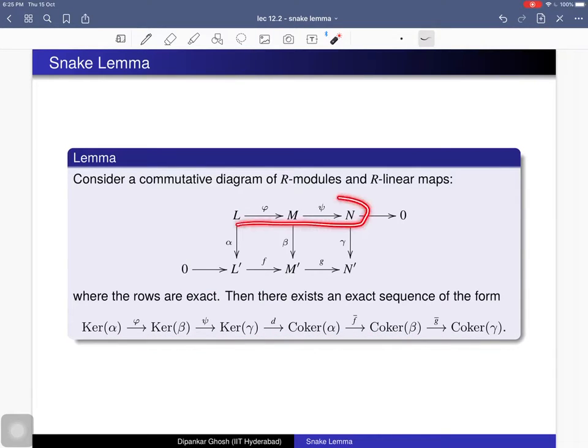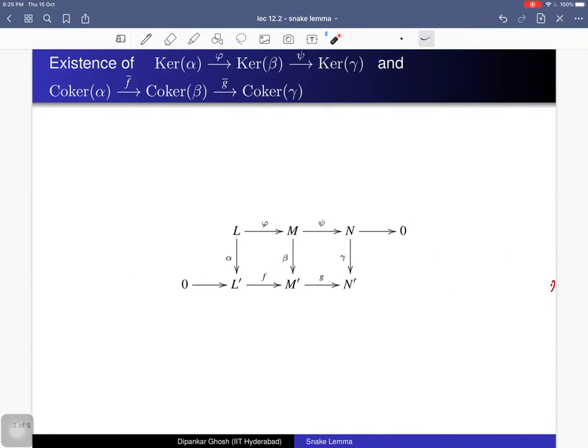This part induces this part of the exact sequence, and this part induces this part of the exact sequence, and we will have a connecting homomorphism like this from kernel gamma to cokernel alpha. So, we will prove this lemma here.